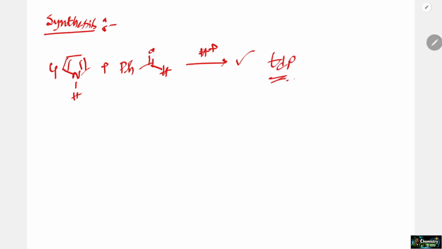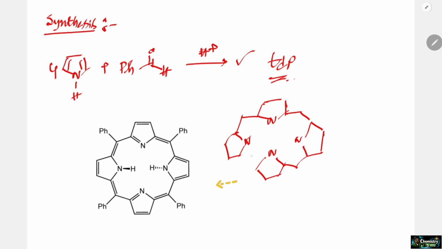Tetraphenyl derivative means this ring is connected to this ring, this 5-member ring. Here is another 5-member ring, here is another 5-member ring, CH2 and CH2, and it is like that, but here the Ph will be substituted. So this is an easy and stable method for synthesis of this substituted porphyrin.